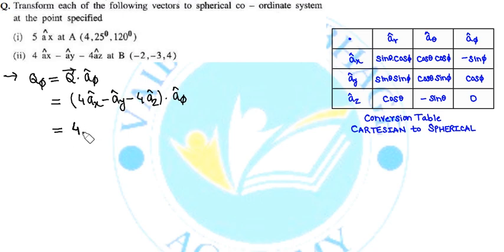Now, what is the dot product between ax and a phi? It is minus of sin phi. The dot product between ay and a phi is plus of cos phi.